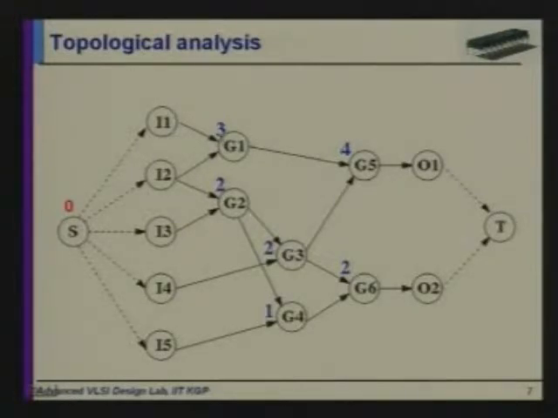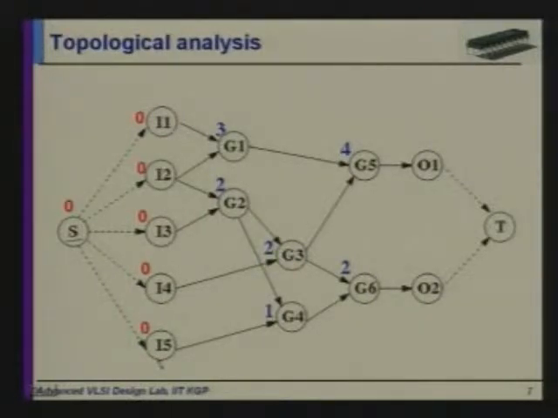The text in blue represents the gate delay, that we understand. So now we start with the delay calculation. Since the source node has 0 delay and input nodes have 0 delay, the delay for these nodes will be 0. Fine. Now comes the actual part.